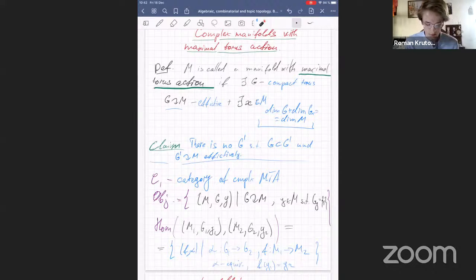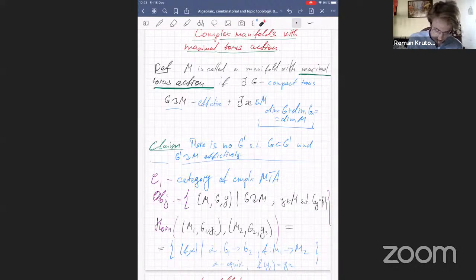C1 would be the category of complex manifolds with maximal torus action, and the objects of it are triples M, G, and Y, where M is a complex manifold, G acts on M as in this definition, and Y is some point such that the stabilizer of Y is trivial. Namely, the orbit is the open orbit of this point.